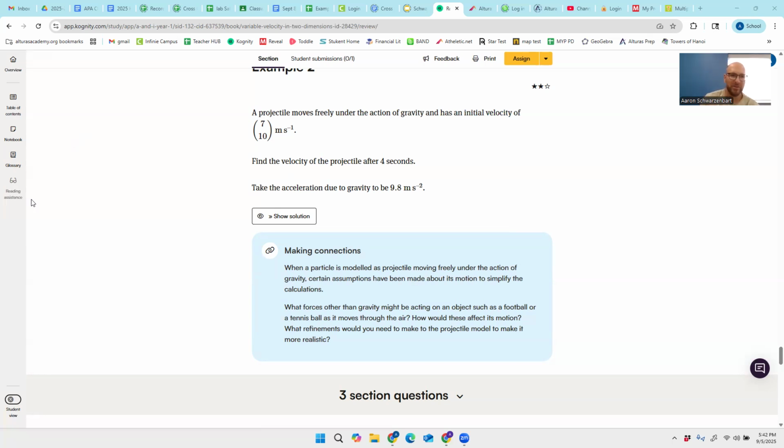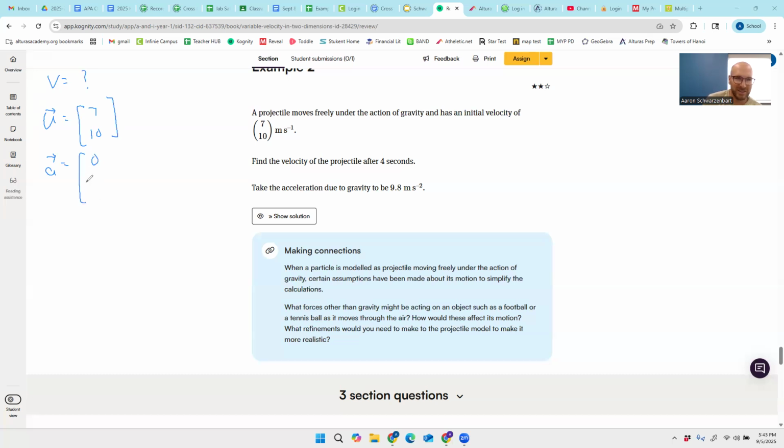So they want me to find the velocity. So again, knowns and unknowns. I'm looking for v. I know that u is (7, 10). For A, this takes a little bit of knowledge, but it shouldn't be rocket science.